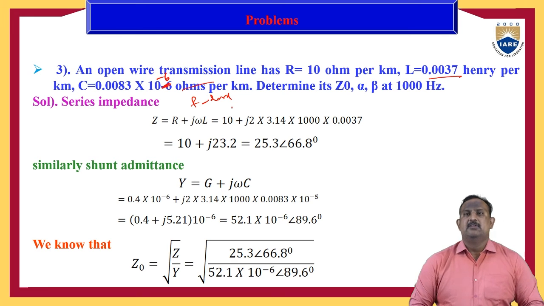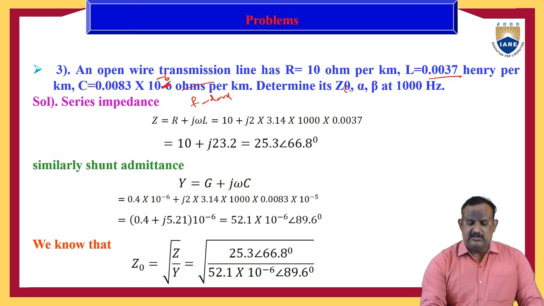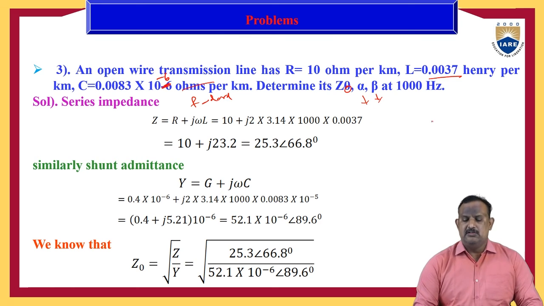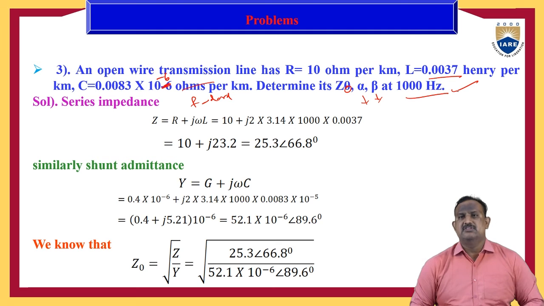We need to find the Z naught value, characteristic impedance, phase constant and attenuation constant at a frequency f equal to 1000 Hz.